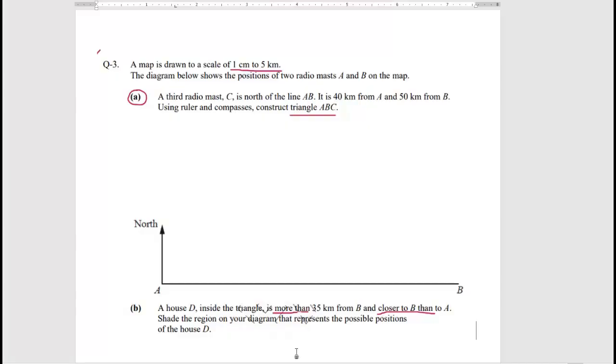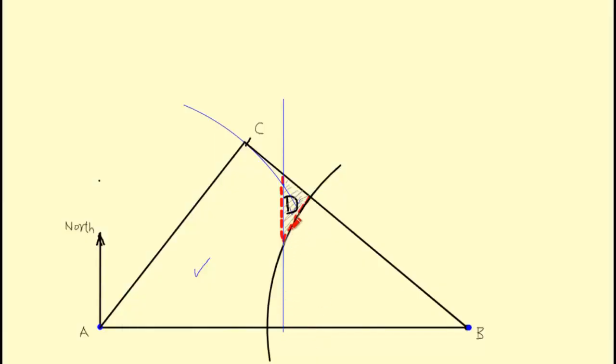In a similar way, if the house is on this perpendicular bisector, it will be equidistant from A and B. As it is not equidistant, it is closer to B. So this portion of the perpendicular bisector will also be in broken line.